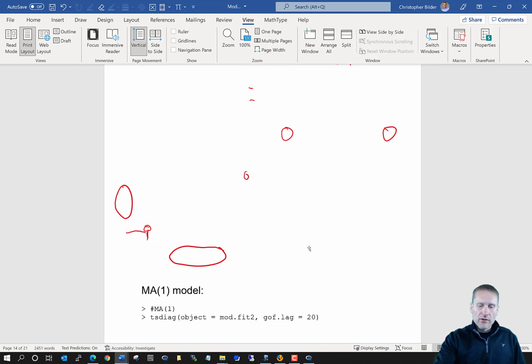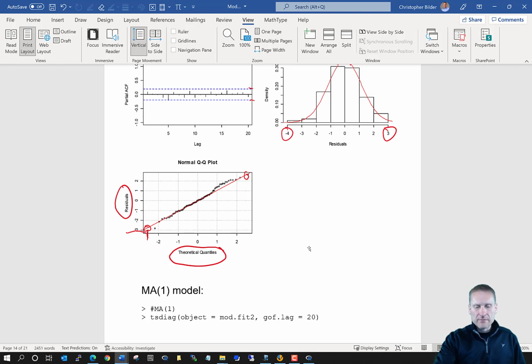Similarly, the largest residual was about 2.2, and the corresponding quantile will be about 2.5 from the normal distribution. We're looking for the points to be on the red line. They're not exactly on it, but they're very close, so I'm satisfied with normality. This agrees with what we see for the histogram. Again, if I were to see something that looks like this in the plot, or maybe like this, then I would be alarmed.